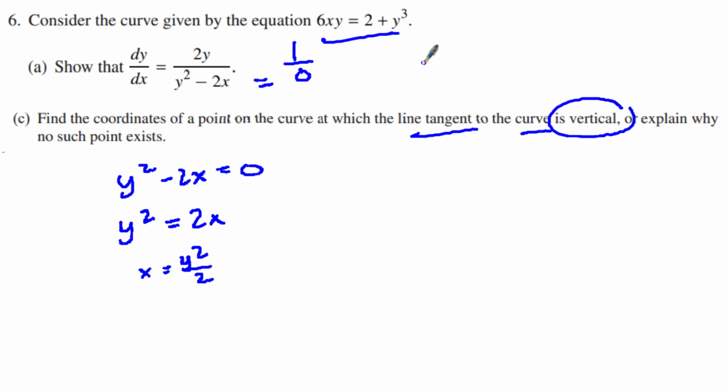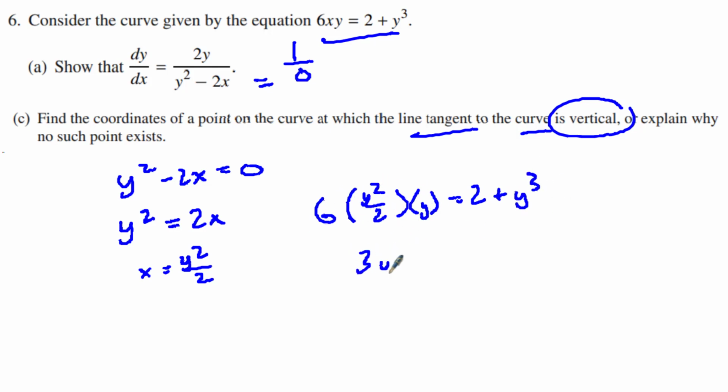Now I'm going to take my original formula. So 6 times x, I'm going to have y squared over 2, times y is equal to 2 plus y cubed. So 6 over 2 is 3. y squared times y is y cubed is equal to 2 plus y cubed. I'm going to subtract y cubed, so I get 2y cubed is equal to 2.